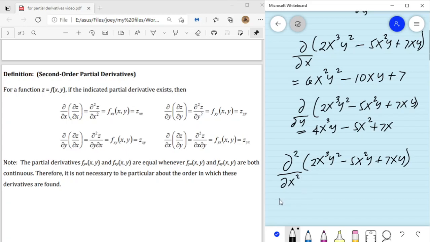By definition, we can have this written as the partial derivative with respect to x of the derivative of this expression with respect to x, the first partial derivative. So that is, we found that as 6x squared y squared minus 10xy plus 7. So we simply repeat the process of finding the partial derivative.